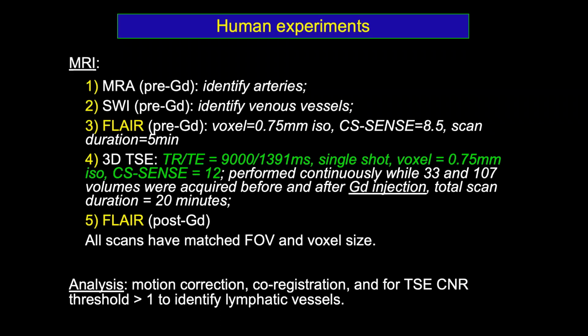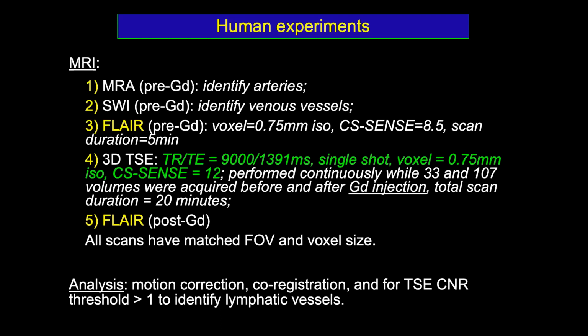Here is our protocol for the 3T human study. We use MRA and SWI to identify big vessels. And we acquired FLAIR pre and post GAD injection, like previous studies, to reproduce their results. And then comes our dynamic 3D TSE sequence with 9 seconds per volume.